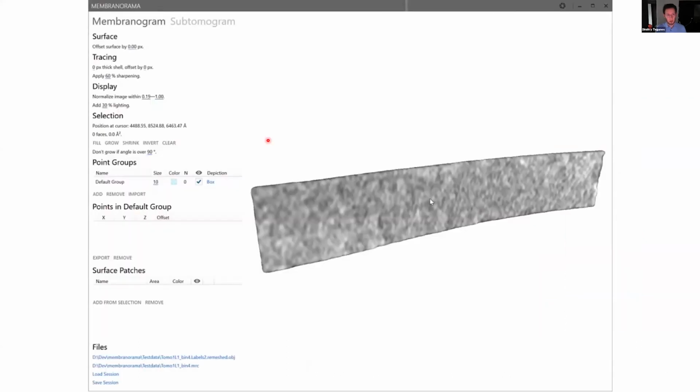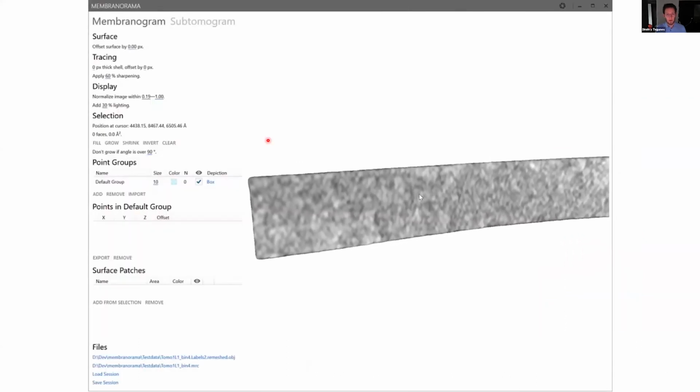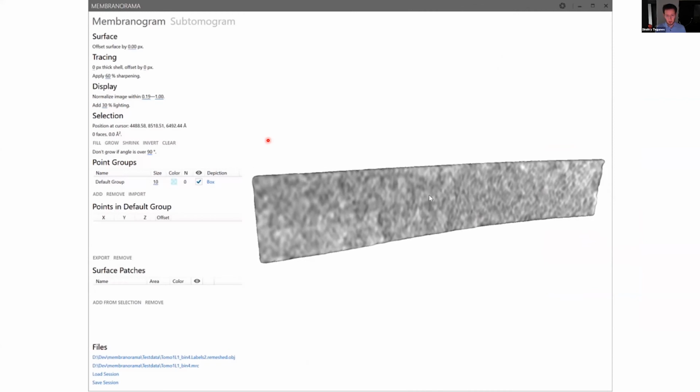And so I wrote Membranorama, and it lets you take a segmented membrane and then fully interactively project the local tomogram density onto this membrane surface.